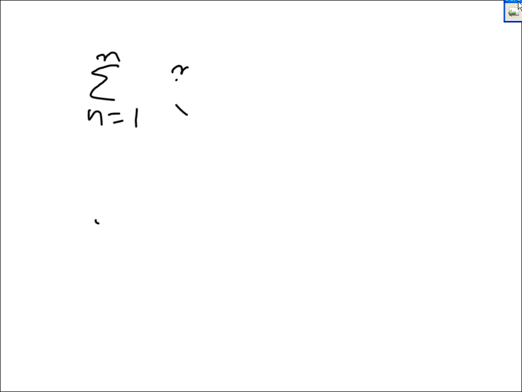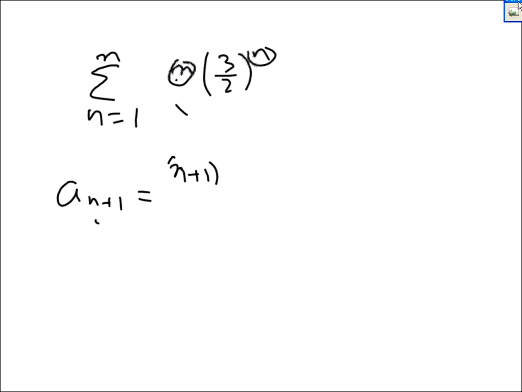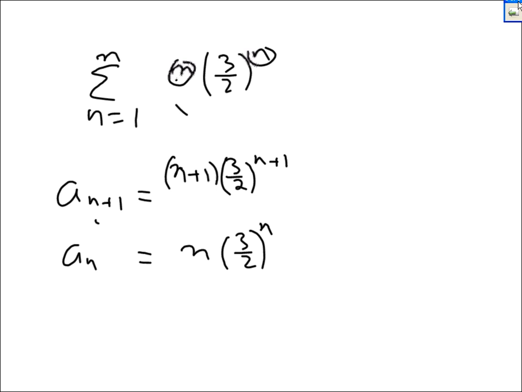So in any case, we have n times (3/2) to the n. So a sub n plus 1 is going to be, instead of n, we put n plus 1. It's n plus 1 times (3/2) to the n plus 1. And a sub n, well, that's n times (3/2) to the n.